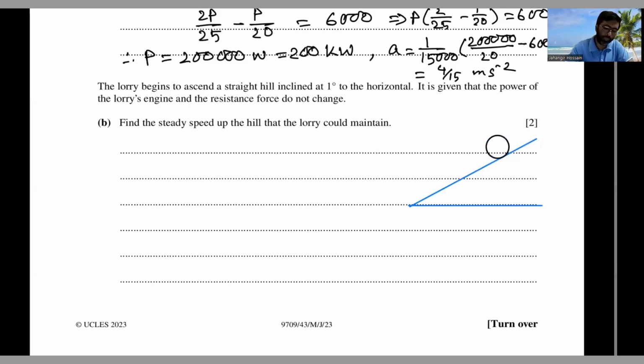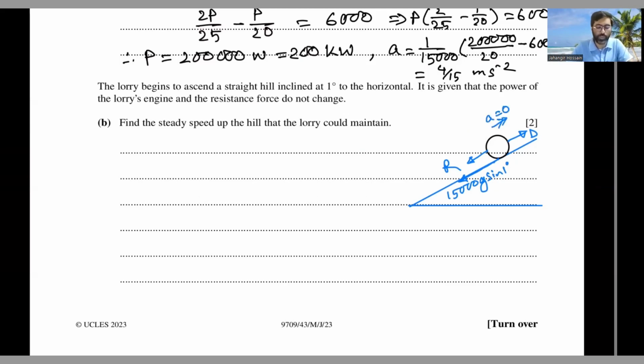Here we have the driving force, we have resistance, and in addition to this, there is the component of weight, 15,000 g sine 1. Now it is moving with constant speed, so acceleration is 0.